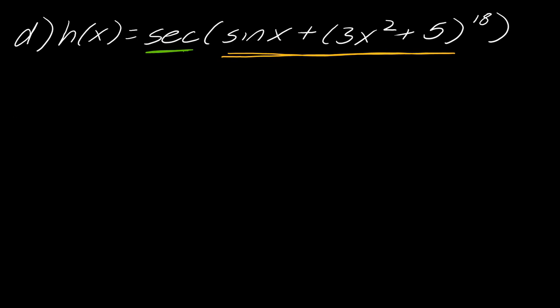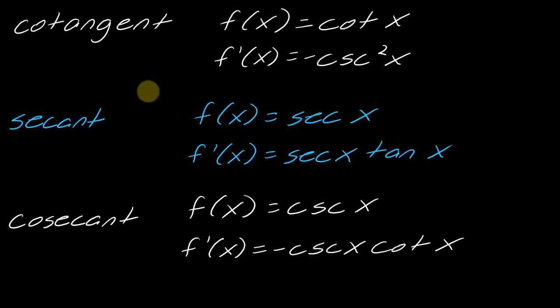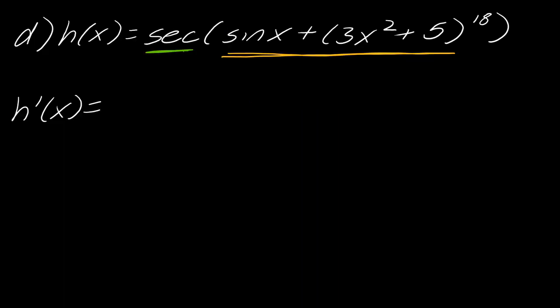So I've got h prime of x, and I'll color code these. The derivative of secant is secant tangent. Now, this can be a little bit confusing, so let me reference this for a moment to give you a visual. Here's my derivative for secant. Remember, it's secant x tangent x. Where I see those x's, I'm just going to replace each of them with the whole inside function. That can be a little disorienting.